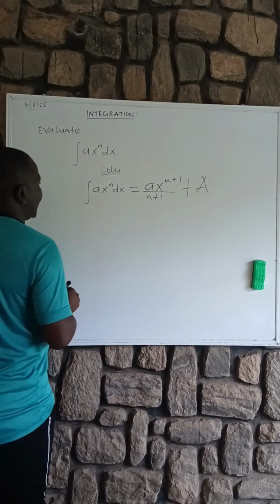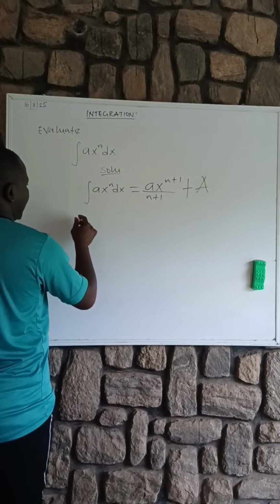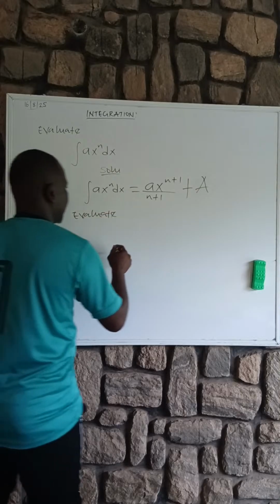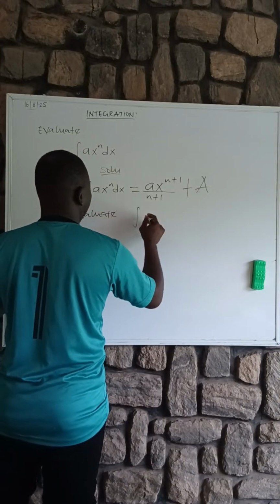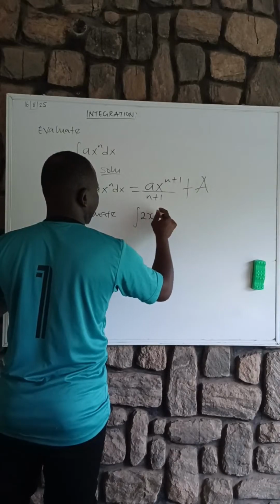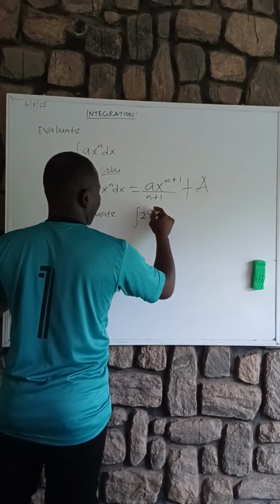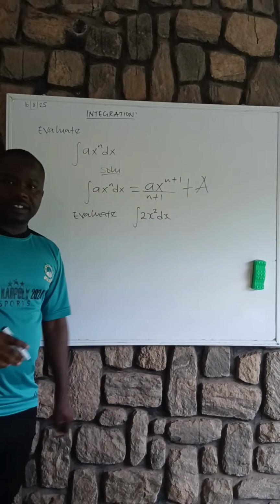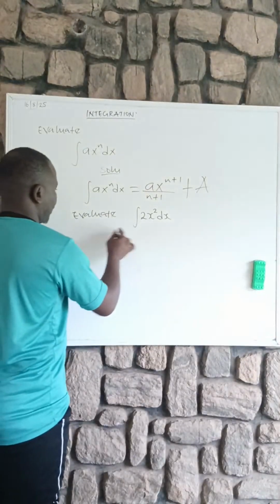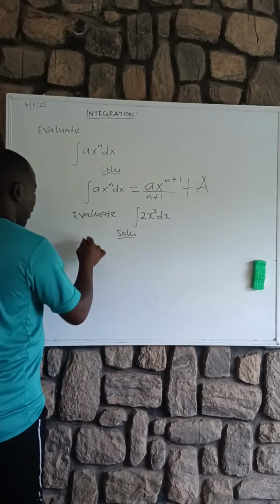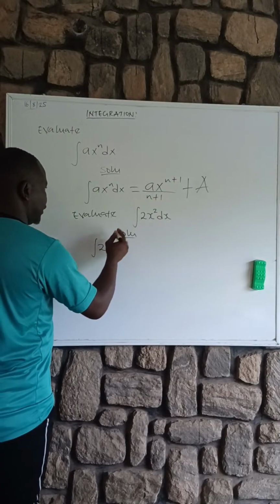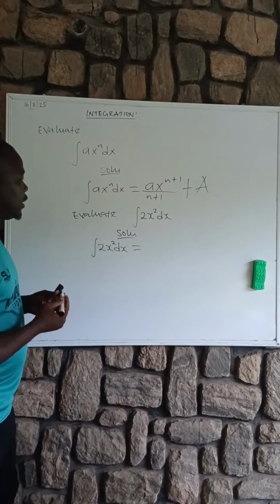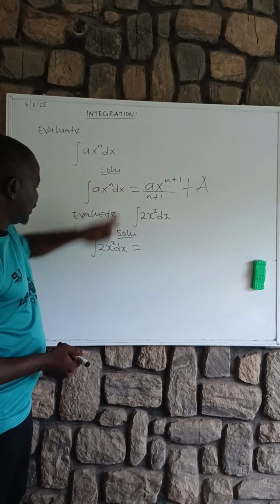So now, let's say evaluate the integral of 2x raised to power 2 dx. So how can we evaluate this? Let's look at the board together. Right solution, our integral 2x raised to power 2 dx. Compare this and this.